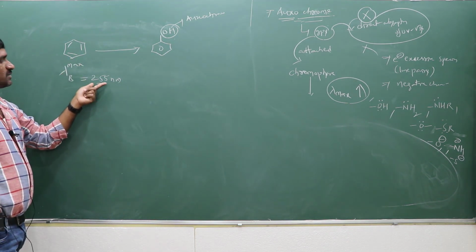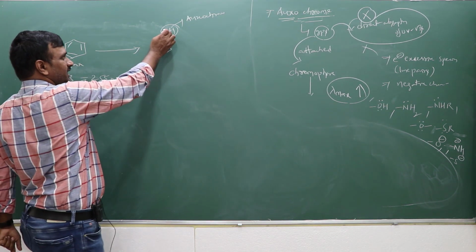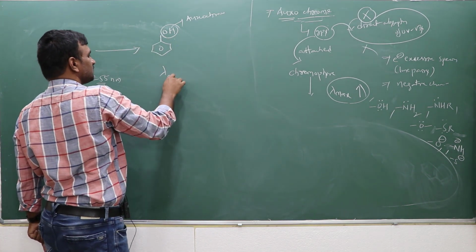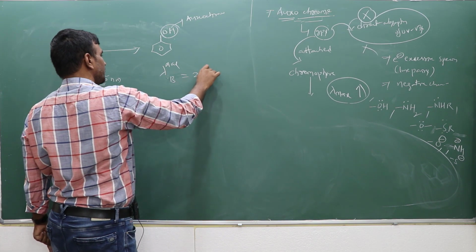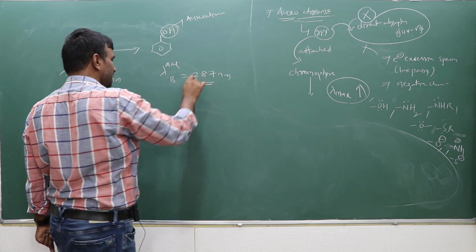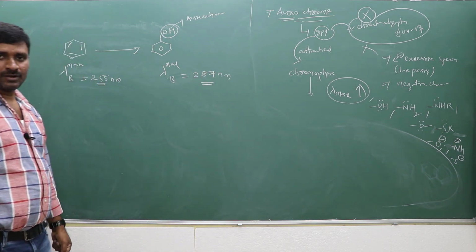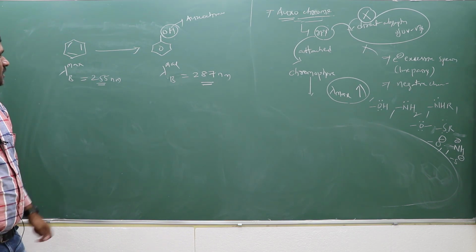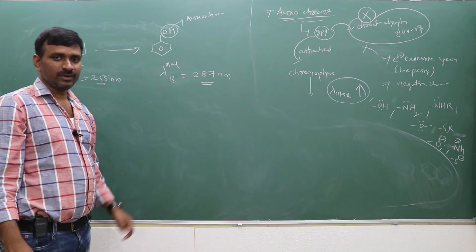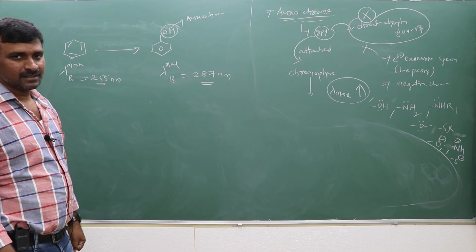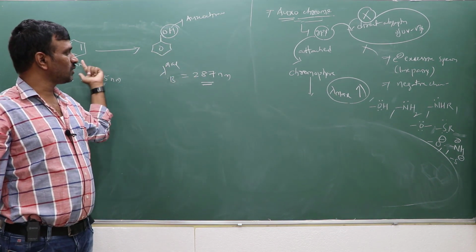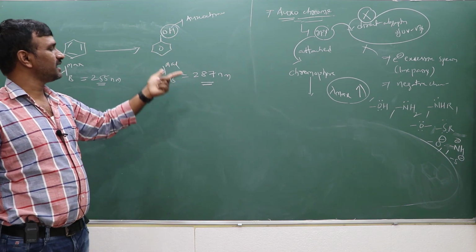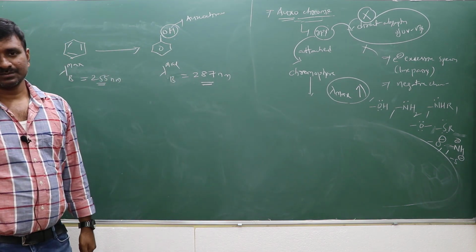Before, the chromophore absorption wavelength is 255; after attaching the auxochromic group, the lambda maximum of the benzenoid band is enhanced to 287 nanometers. 255 to 287 nanometers, it increases. So the lambda maximum of the chromophore is increasing. This is called an auxochromic group.